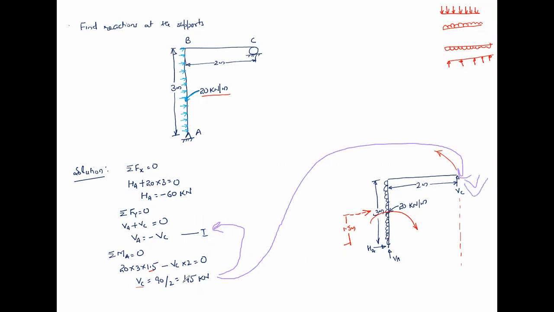But if you put the VC value in the first equation, you will get VA equal to minus 45. That means this direction of VA was not appropriate. So you can reverse its direction and then you will get the right direction of VA. And the direction of HA is also not correct. Its actual direction should be horizontally leftward. So you can correct your reactions if you wish.